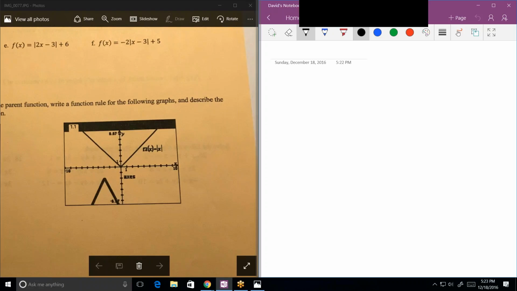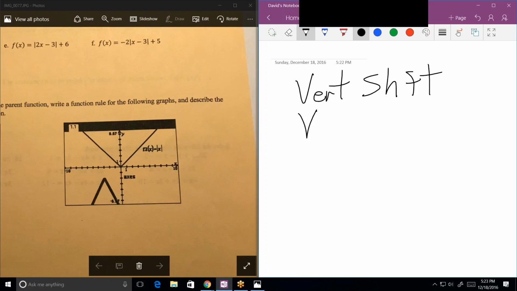Just saying up 5 isn't maybe quite enough. You need to say vertical shift. Remember that there's a lot of S words here. They're hard to keep track of. There's shifts, which don't change the shape. There's stretches, which do change the shape.